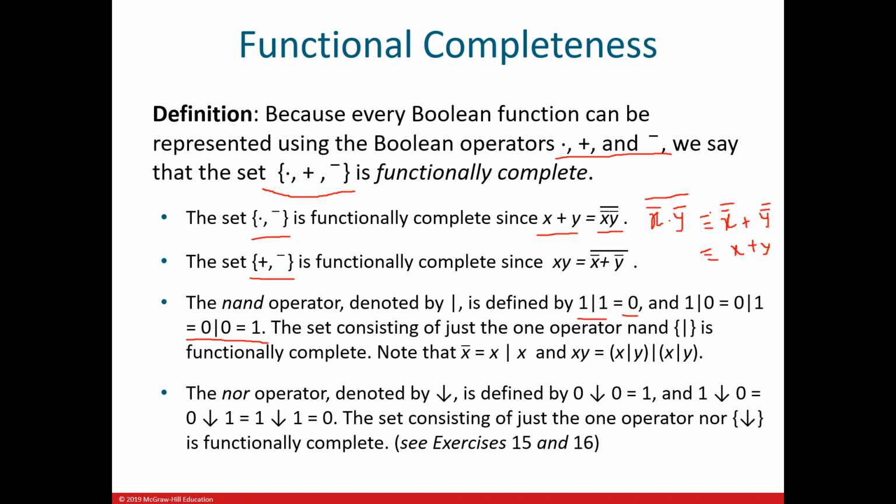So this set is again just one operator. It is functionally complete, and we can see that all other operations that we just saw can be represented using just this single operator, the negative AND. Here we can show that x complement can be shown as x NAND x, and x y can be shown as x NAND y, NAND x NAND y.